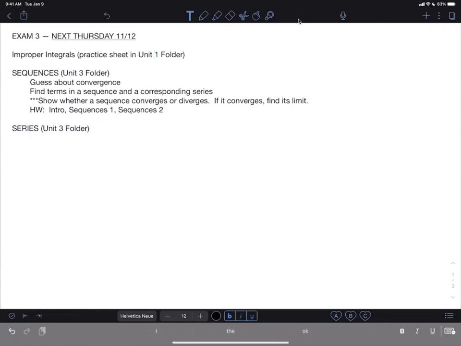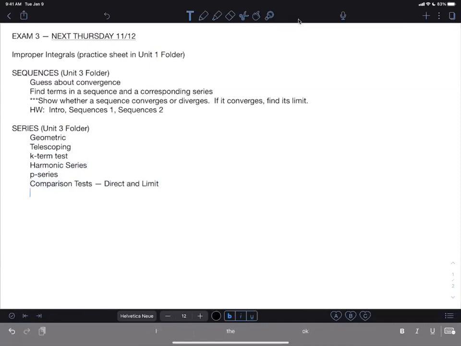So we've done geometric series. We talked about telescoping series. We talked about the K-term test, the harmonic series. Then we did P series, comparison tests. So that's the direct and limit.